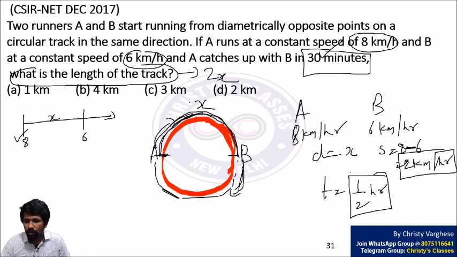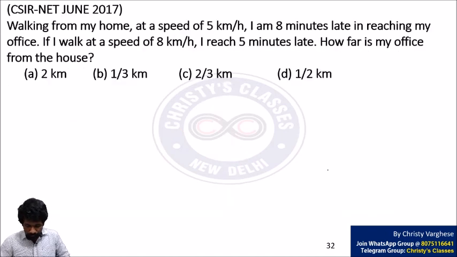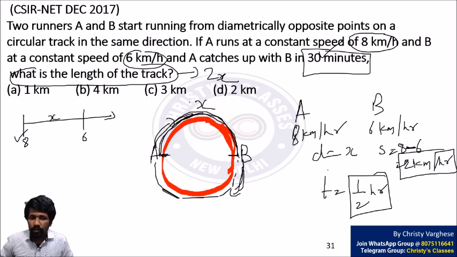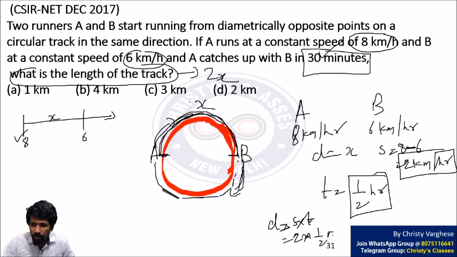If you want to write it in distance, write it as a formula. So time is equal to half hour, speed is equal to 2 km per hour means distance equal to speed into time. Speed into time means 2 km into half hour. That means 2 km into half hour is 1 km.